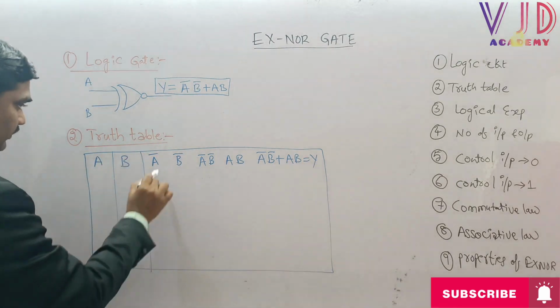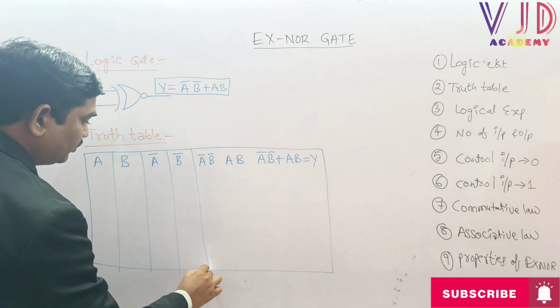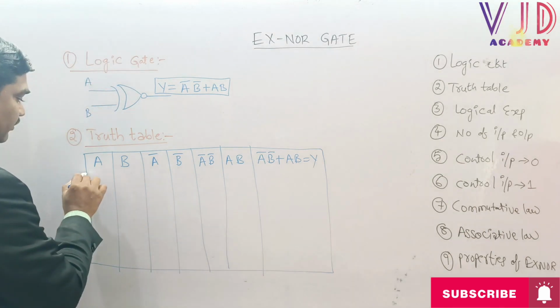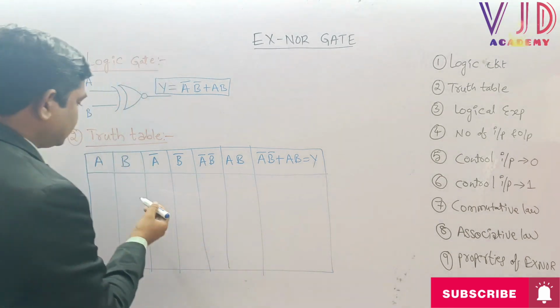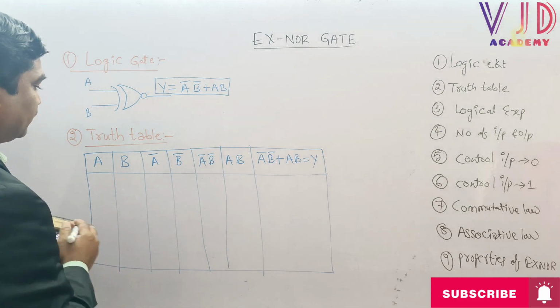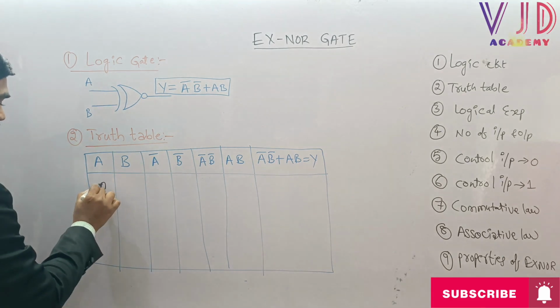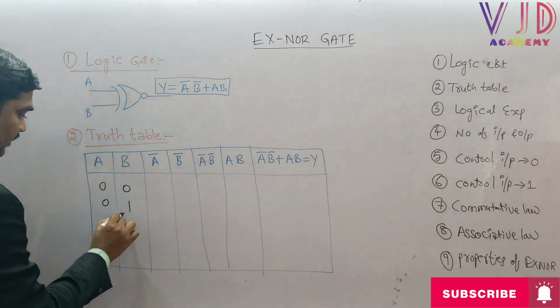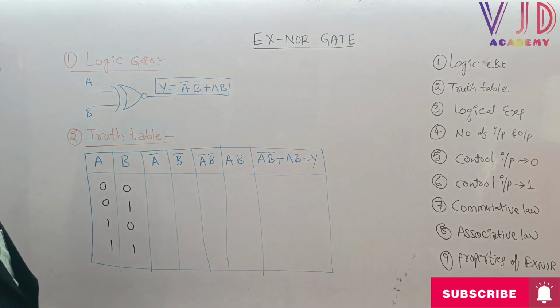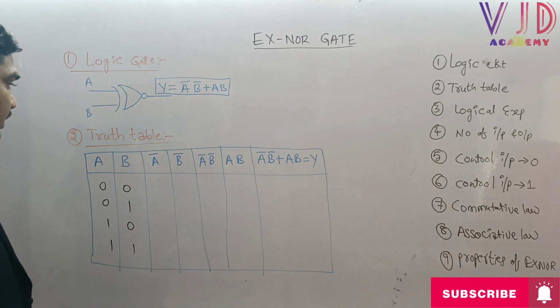Sir, here we have two inputs, which are A and B. The moment I have two inputs, I will have four combinations. Which four combinations? 0 0, 0 1, 1 0 and 1 1. These are the four combinations. Let me try to draw the truth table.